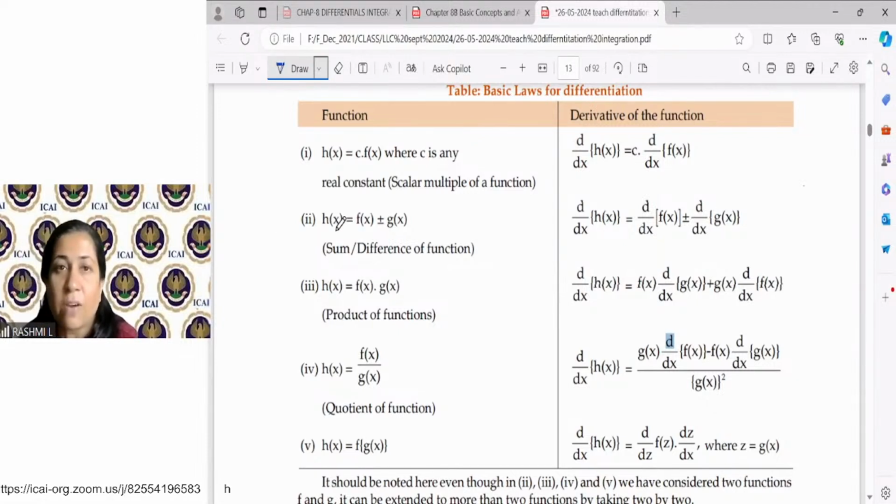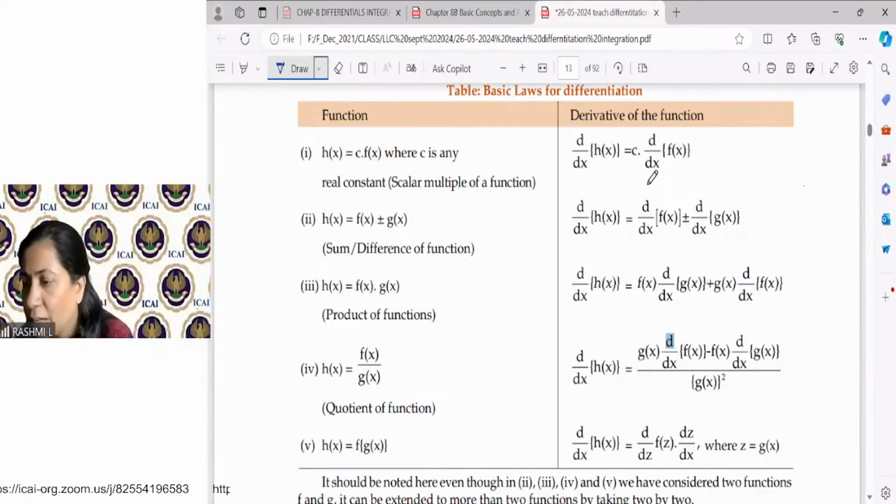Second, if my function h(x) is an addition or subtraction of two functions, then d by dx of h(x) will be equal to d by dx of f(x) plus or minus d by dx of g(x). When I have a product of functions, then first function into derivative of second plus second function into derivative of first.